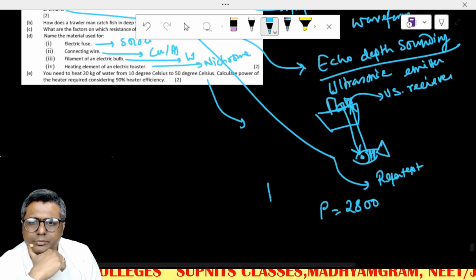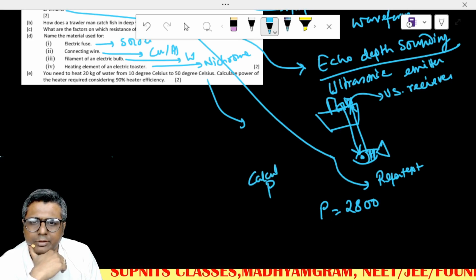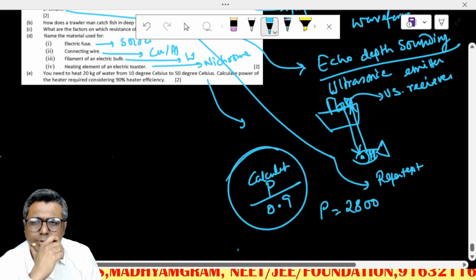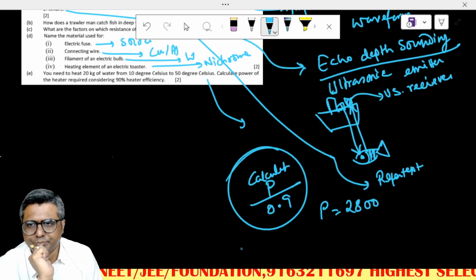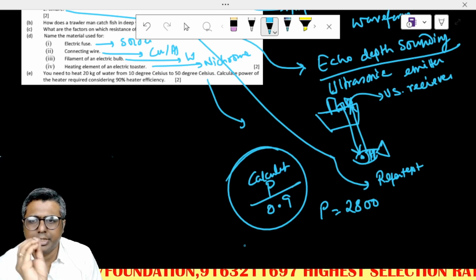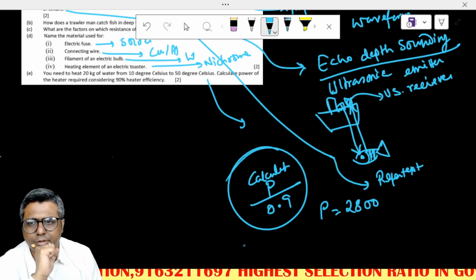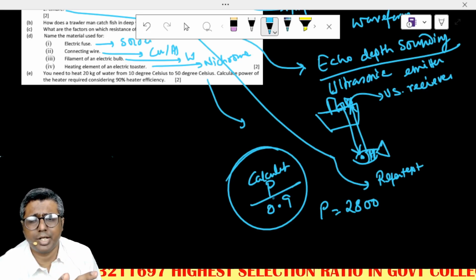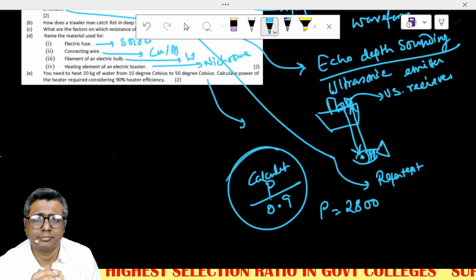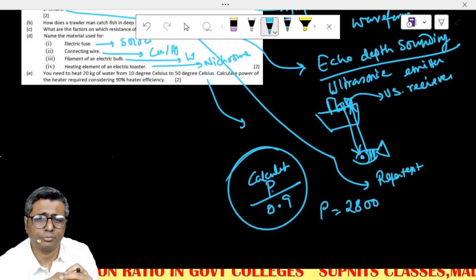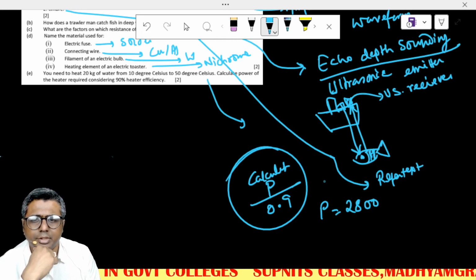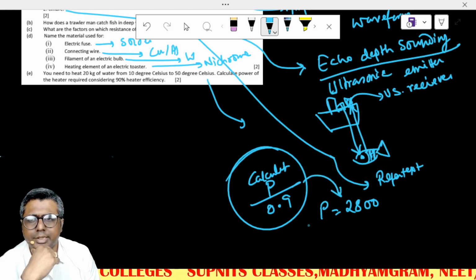So the calculated power, whatever you get, divided by 0.9, because it's a 90% heater efficiency. That means if you give 100 kilowatt, you are going to get 90 kilowatt. So whatever is required, that is just 90%. So power to that equipment you have to give 100 now. So you have to divide by 0.9, and by doing that you are going to get this answer.